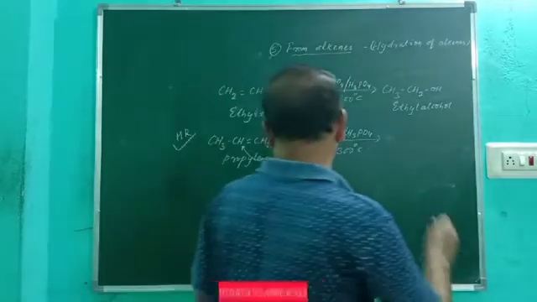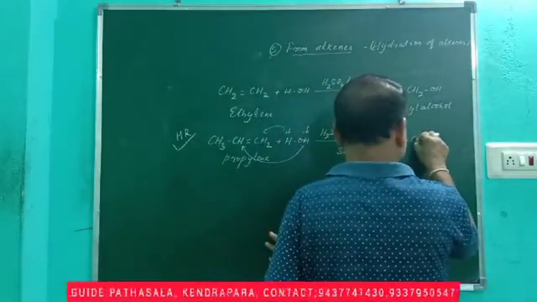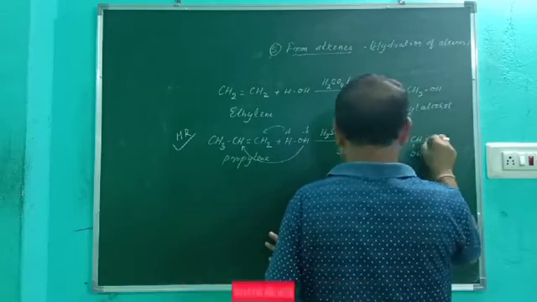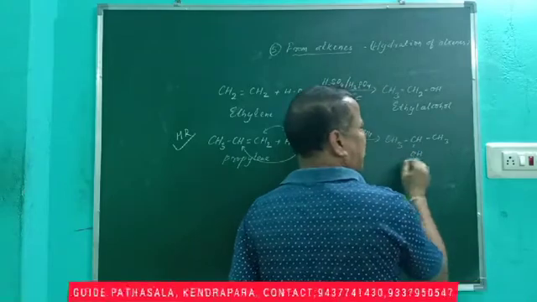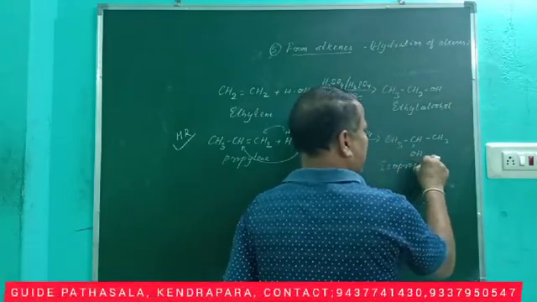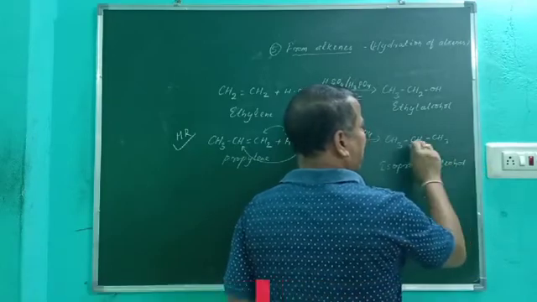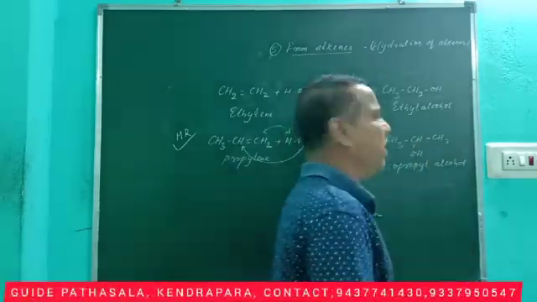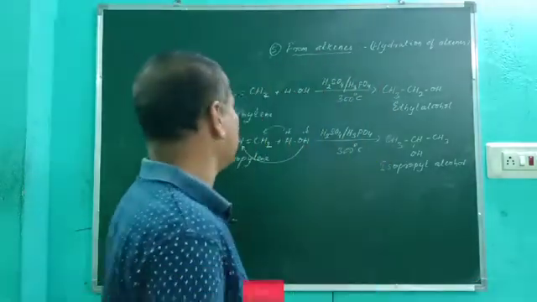As a result, CH3, single bond CH, single bond OH, single bond CH3. A secondary alcohol is formed, which is called isopropyl alcohol, or propan-2-ol. Isopropyl alcohol is formed. In the first case, a primary alcohol is formed.